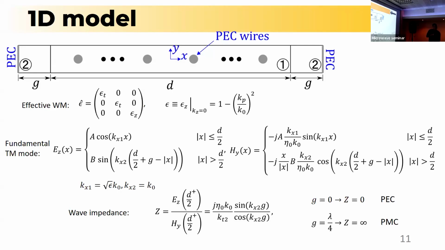Okay. From each formula, it follows that the distribution is homogeneous. The distribution is homogeneous so far. We have this impedance boundary condition, this wave impedance, that is indicating which kind of boundary condition we are imposing to the electric field.